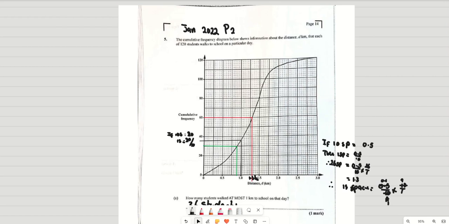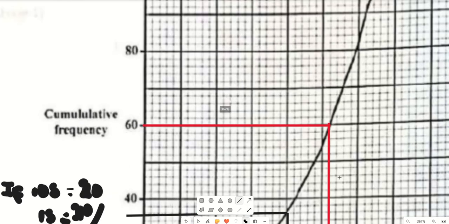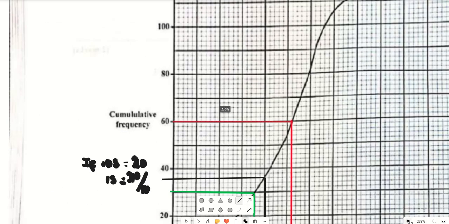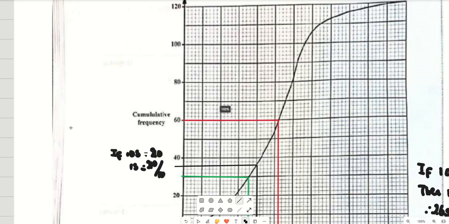So you're going to draw a line, and 90 is at, and find out how much your upper quartile is.